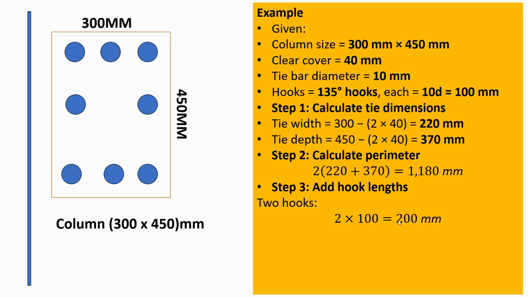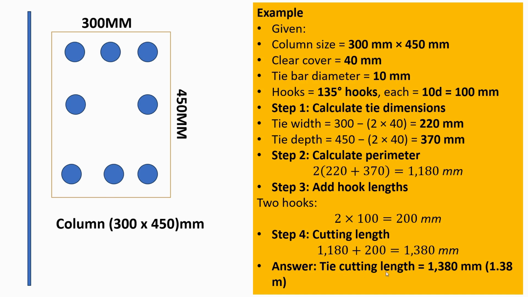So we're going to add our 200 millimeters together with the total perimeter that we have in order to know the length that we're going to cut. So 1.18 plus 0.2 is equal to 1,380 millimeters, which is 1.38 meters. 1.38 meters is the length that we're going to be cutting for these ties, these stirrups that we are making for our column.